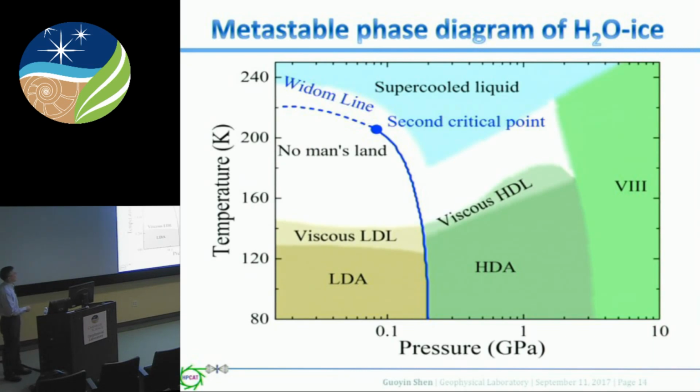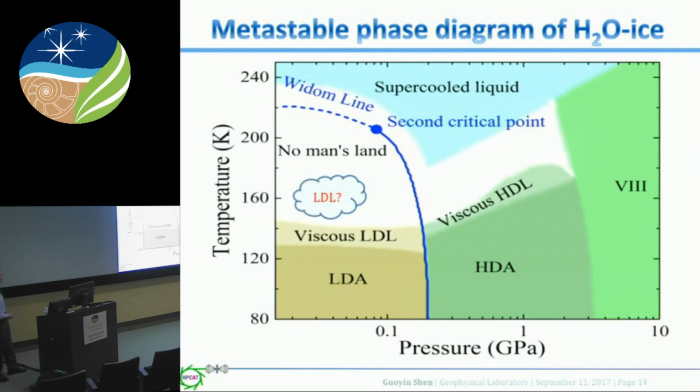And similarly, if we warm up from glass, we may see a signature of the liquid appearance, but immediately it will crystallize into ice. So in this range, what we see is only crystalline ice, but not the amorphous part or liquid part of H₂O. That's why people call this the so-called no man's land, meaning that experimentally we cannot reach there.